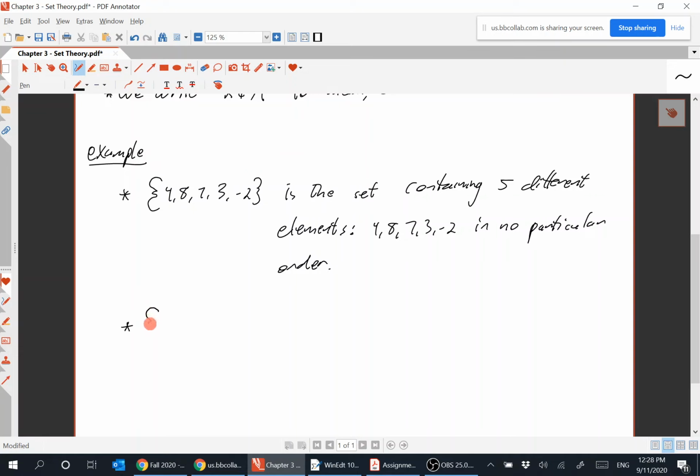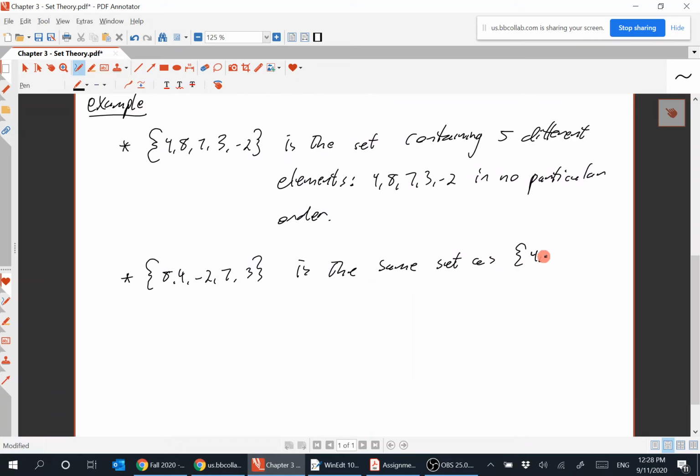So if I was to write this, 8, 4, negative 2, 7, 3, like that, this is the same set as the one we just presented, 4, 8, 7, 3, negative 2, because there's no particular order to the elements of the set. This is the set containing 5 elements. Those 5 elements are 4, 8, 7, 3, and negative 2.